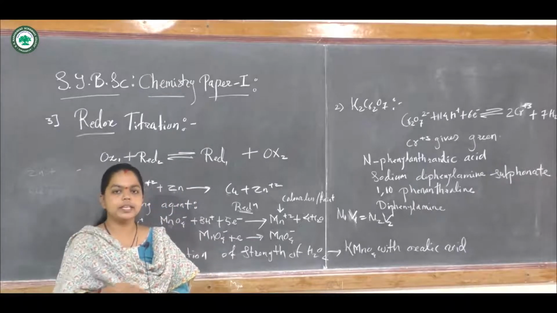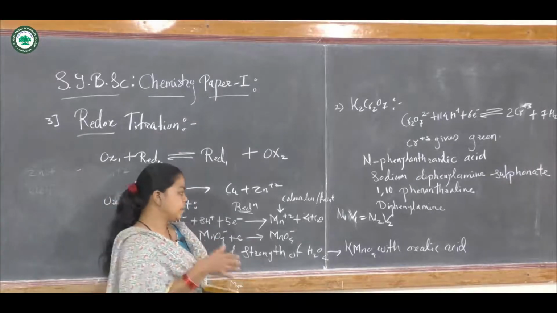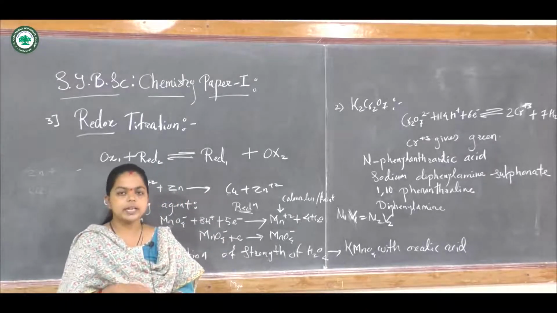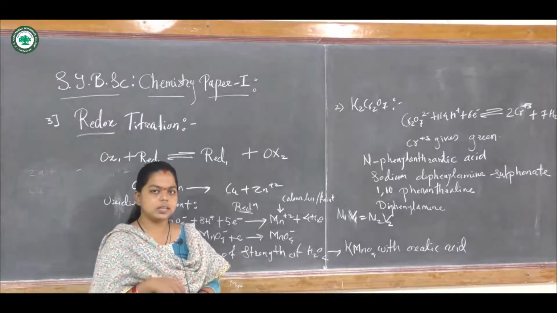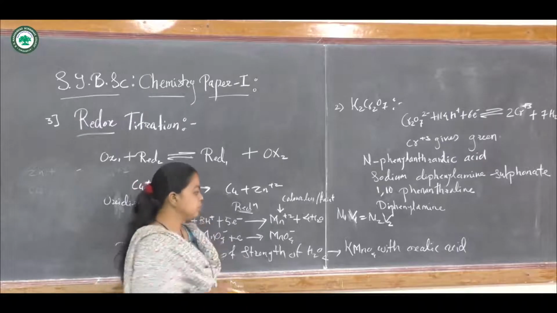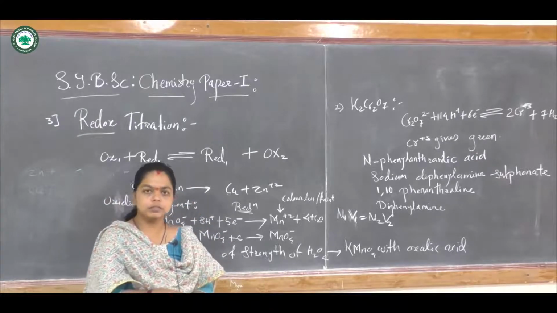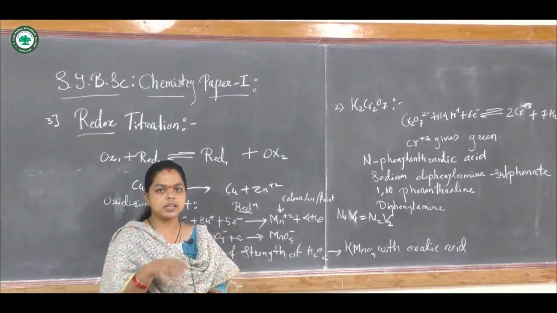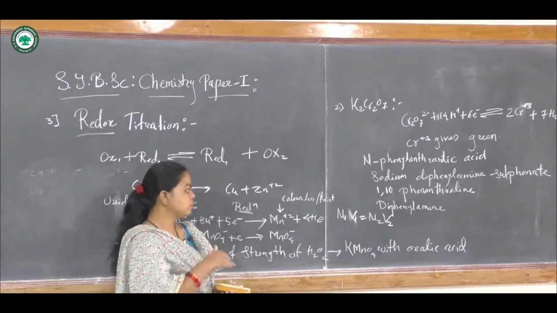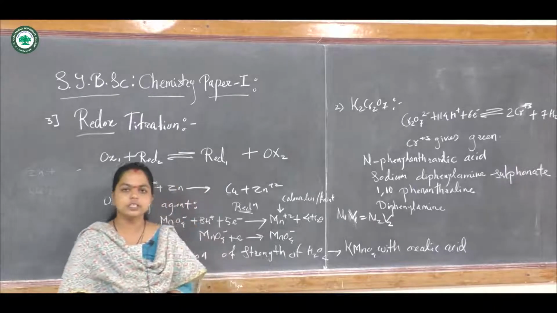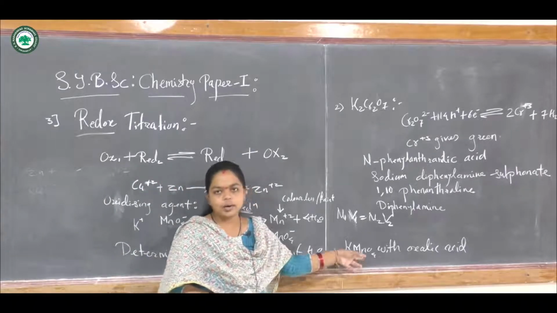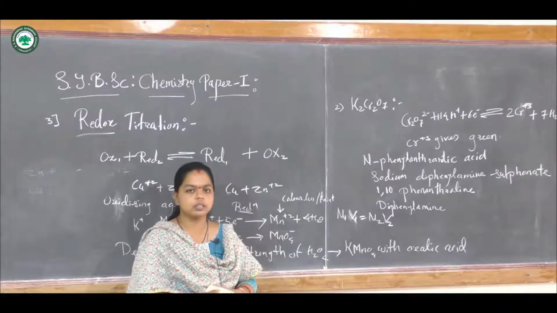It is filled in the burette and the KMnO4 is taken in the conical flask, and the titration is carried out with the oxalic acid added dropwise from the burette to the KMnO4 in the conical flask. After this titration, according to the formula N1V1 equals N2V2, we will get the exact normality of this KMnO4. So this is called the standardization of the KMnO4.